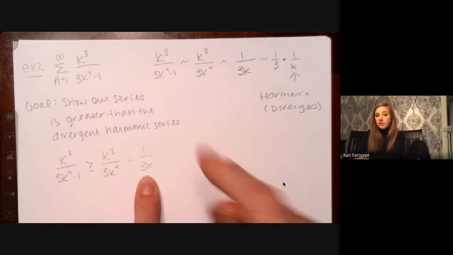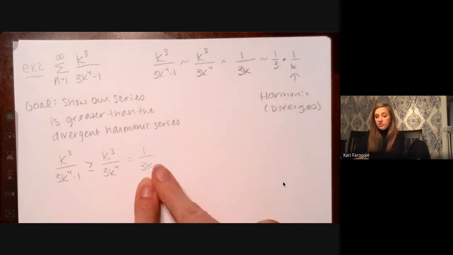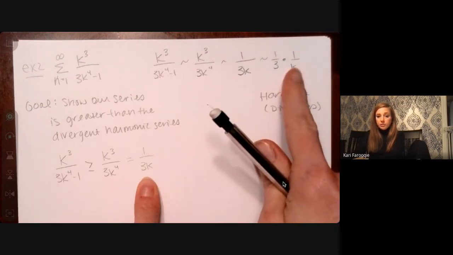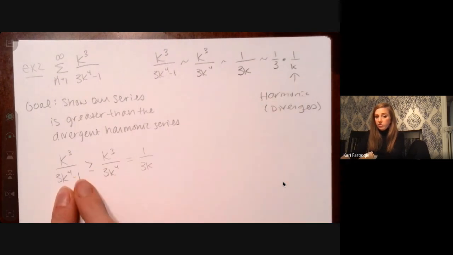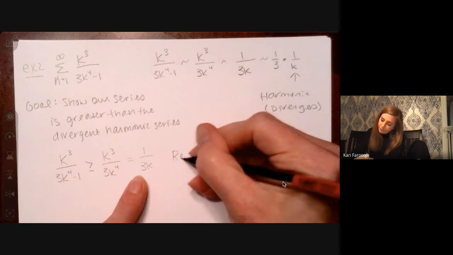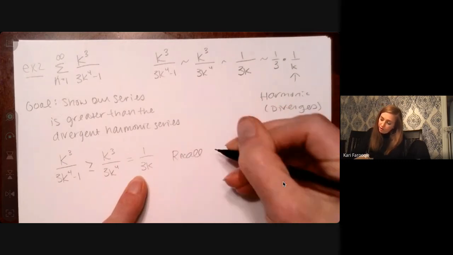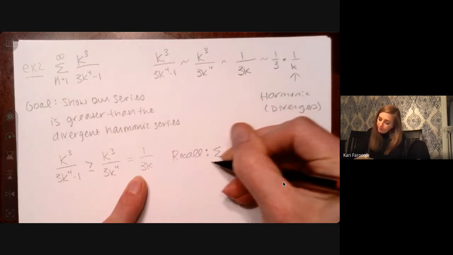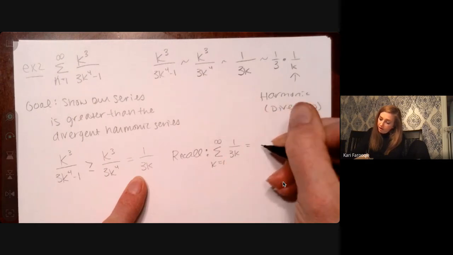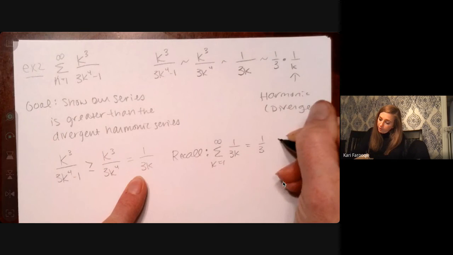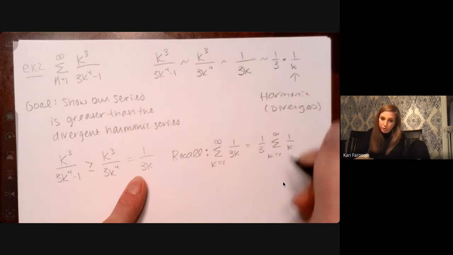Now, 1 over 3k is technically a divergent series. So we've already stated that our series is greater than one that diverges. Recall that 1 over 3k we can rewrite as 1/3 times the series 1 over k.